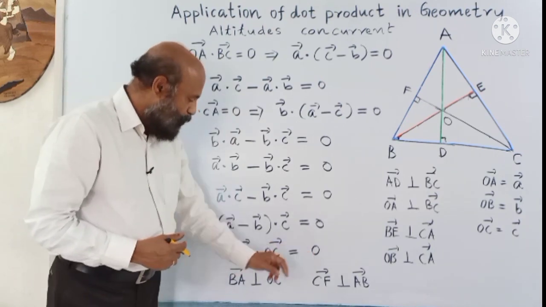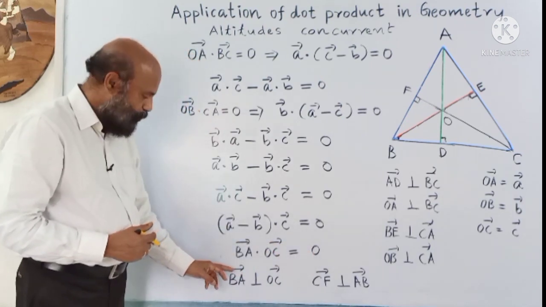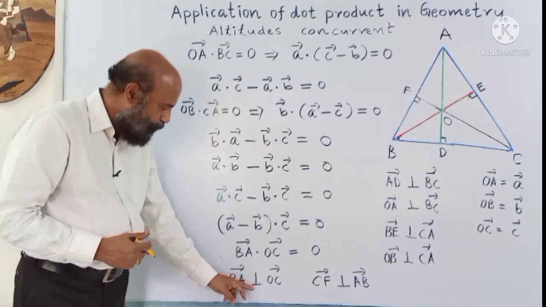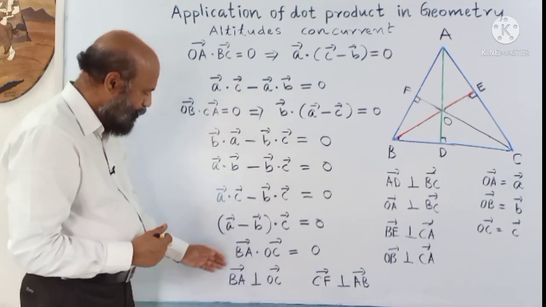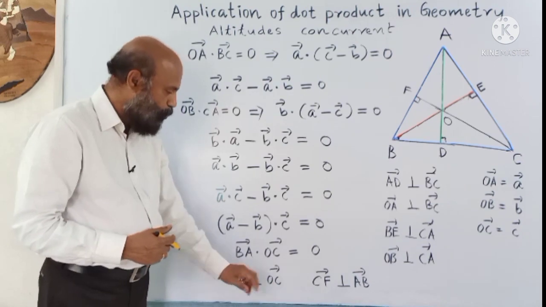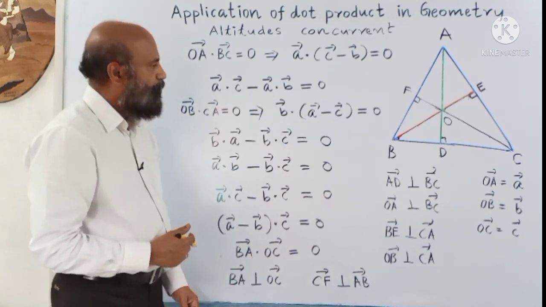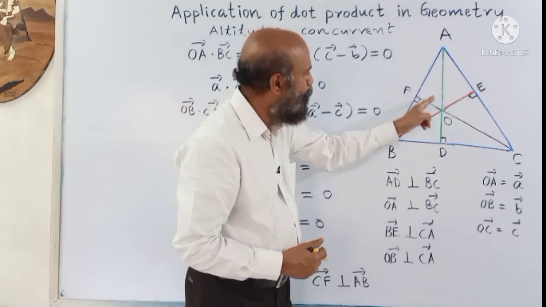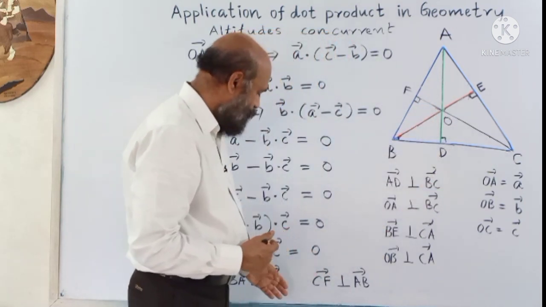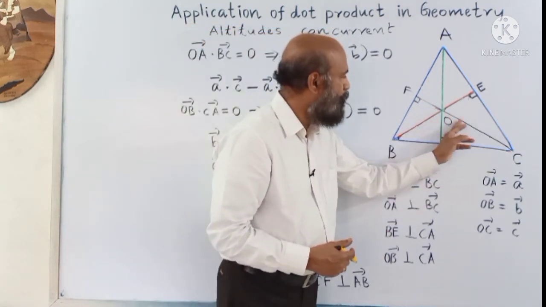When the dot product is 0, the vectors are perpendicular. So BA vector is perpendicular to OC vector. So we can write CF, OC.